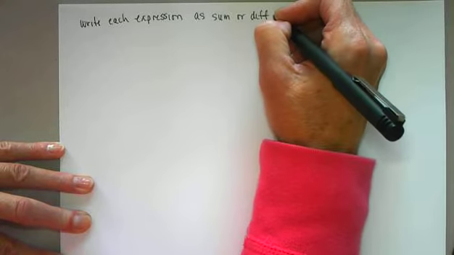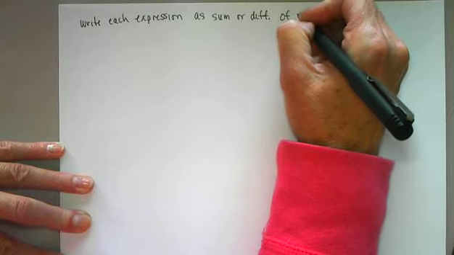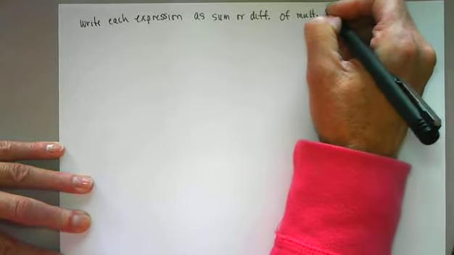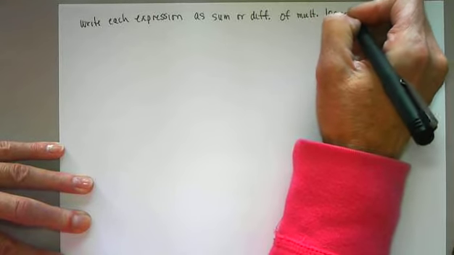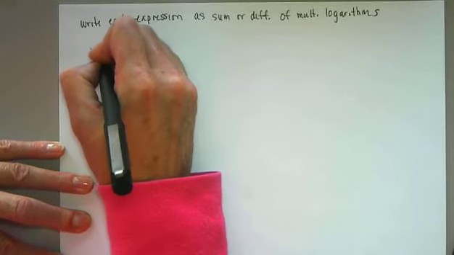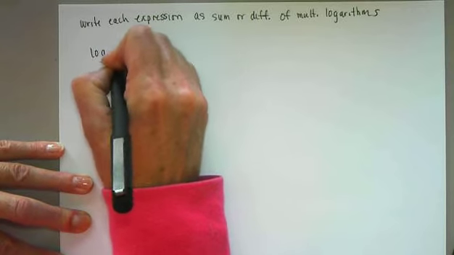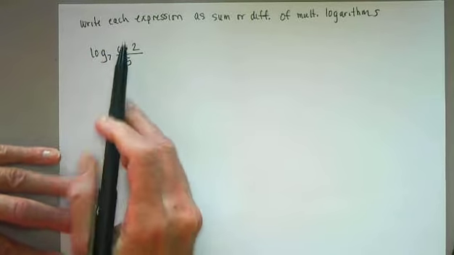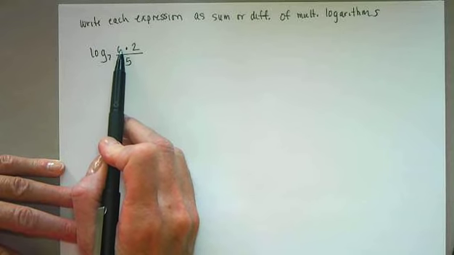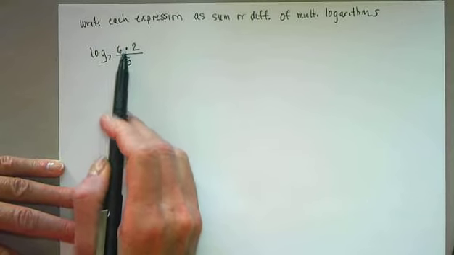I use a shortcut and say expand, but they want you to write it as a sum or difference of multiple logarithms. Okay, so if I had log base 7 of 6 times 2 over 5, and they have to write it like that because you know 12, you could write 3 and 4, 6 and 2, 12 and 1, so they specifically give you the numbers they want.